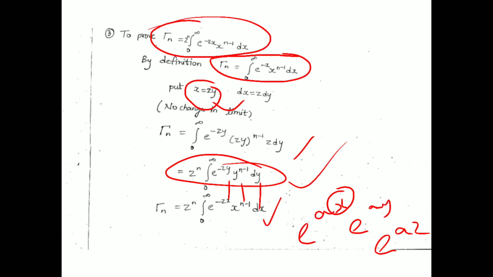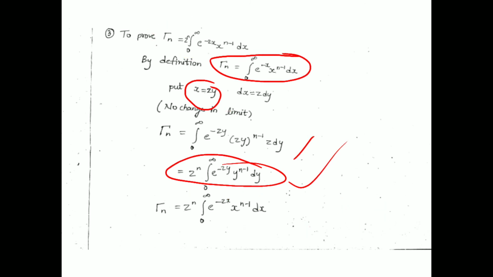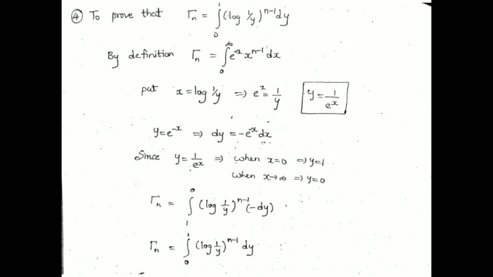Here it is in terms of y, and we have changed it to in terms of x. That's it. So this and this are the same. The only thing is, in the place of y we are using x here. So this is the proof of the previous one.